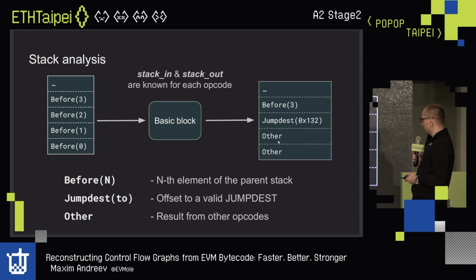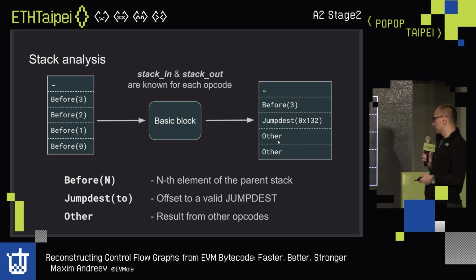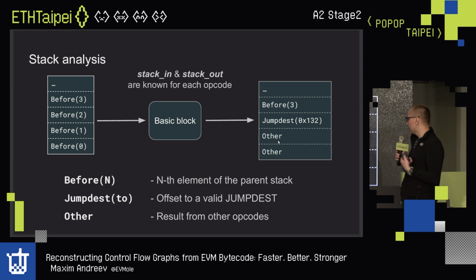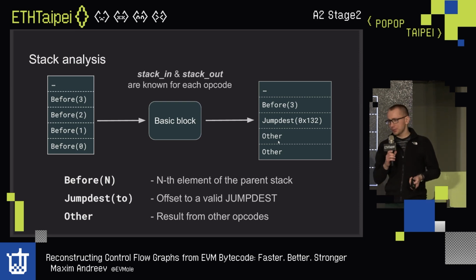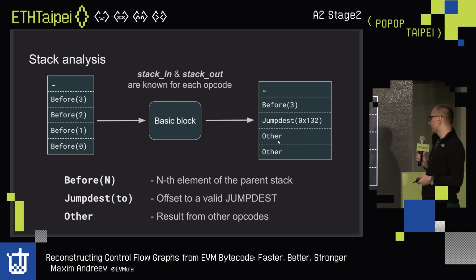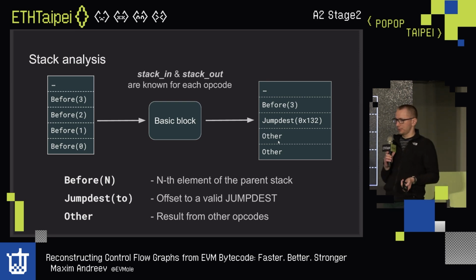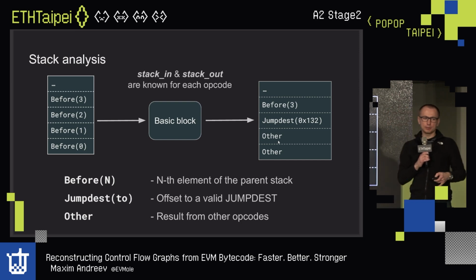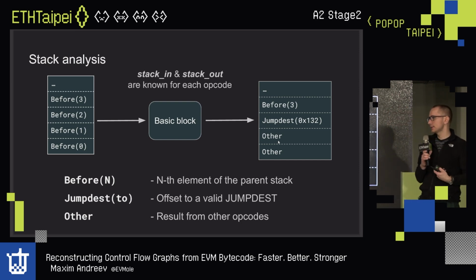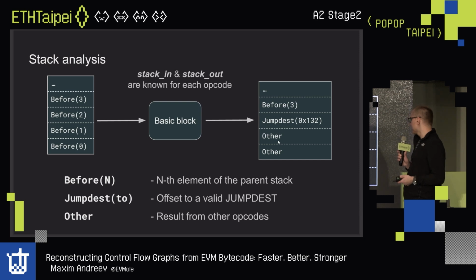On the input of each block, we can represent the stack as before 0, before 1, before 2, before 3, and the stack grows up. The second is jump dest, if we find an offset to a valid jump destination. And the other is a result from some other opcode, because every opcode, like call or mstore, somehow interacts with the stack, but we are not interested in this during this analysis, so we just mark it as other.